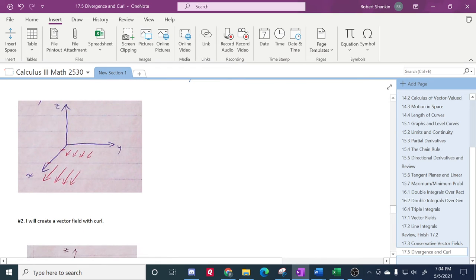Alright. Now, we're finally ready. I will create a vector field with curl, rotation.